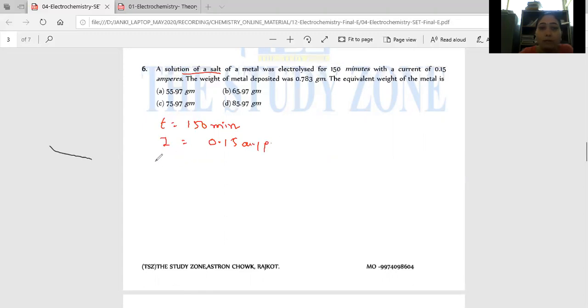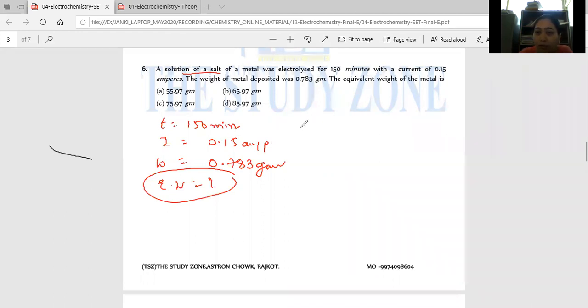The weight of metal deposited is given as 0.783 grams. Then what is the equivalent weight of metal? Good question. We need to find out the equivalent weight of the metal A.